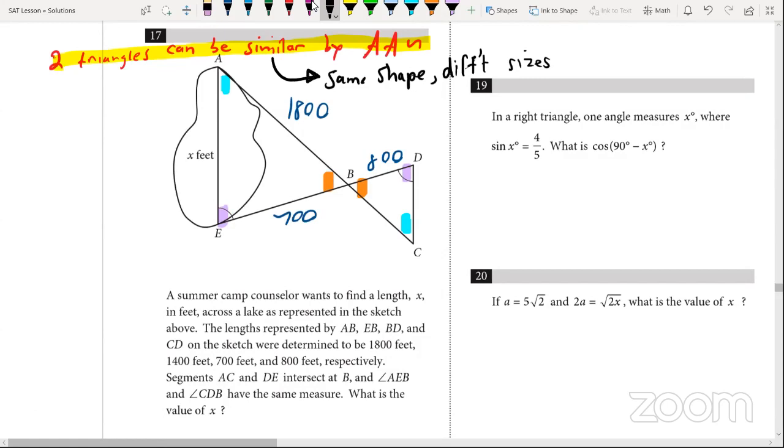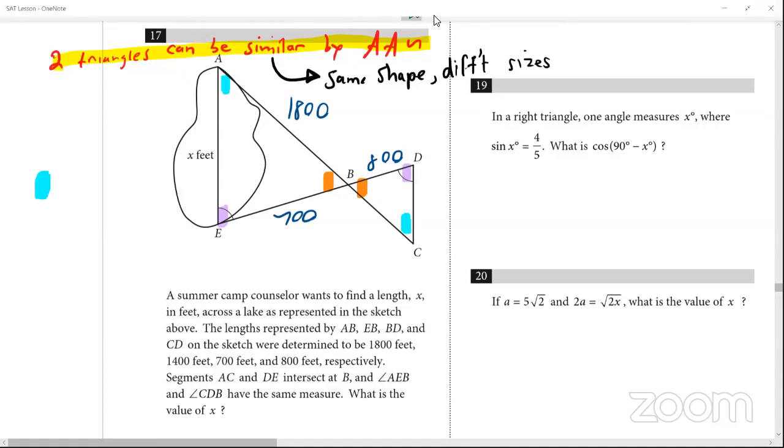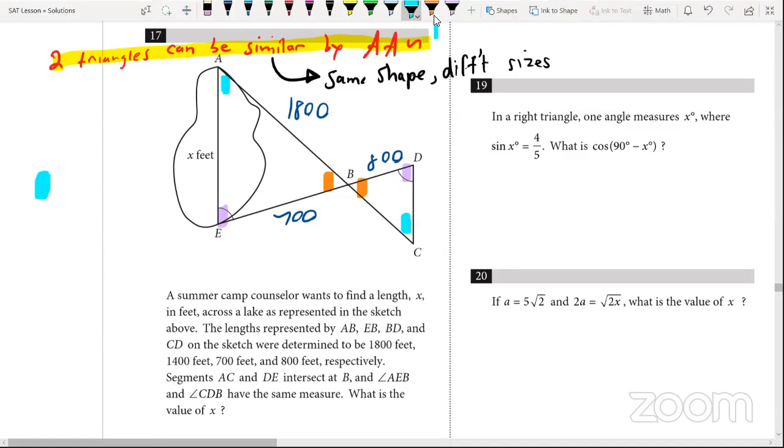They're proportional. So which parts correspond is the important part of this question. When we're dealing with the 1800, in terms of the color coding that we use, 1800 is the side that goes from blue to orange. So we'll match up the two that go from blue to orange.